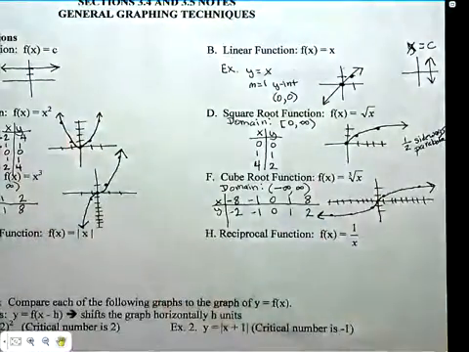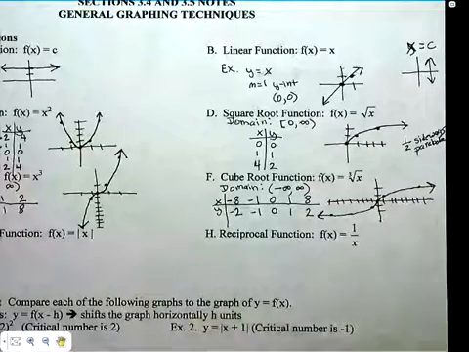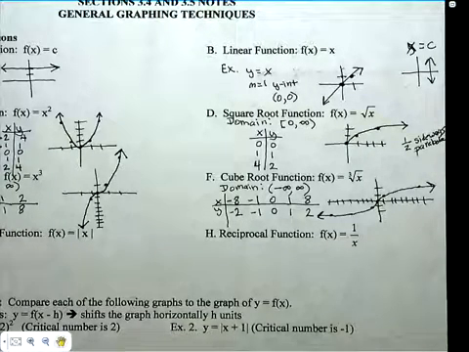As a matter of fact, two functions which have the same ordered pairs with the x's and y's switched are called inverses of each other. They undo each other. Squaring and square rooting undo each other. Cubing and taking the cube root undo each other.